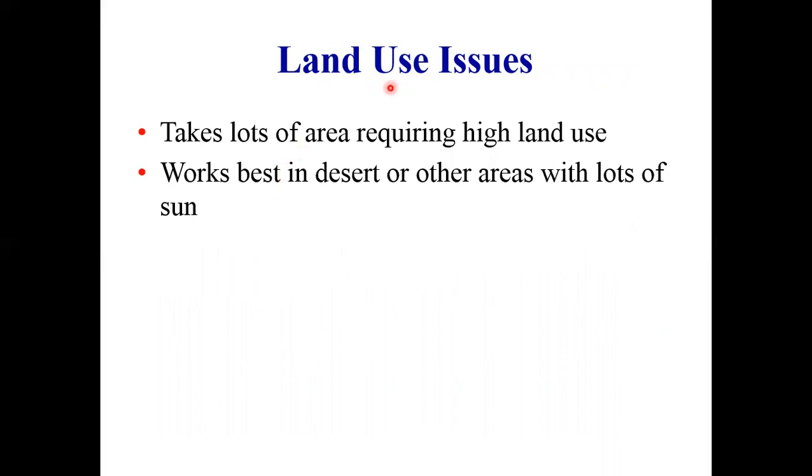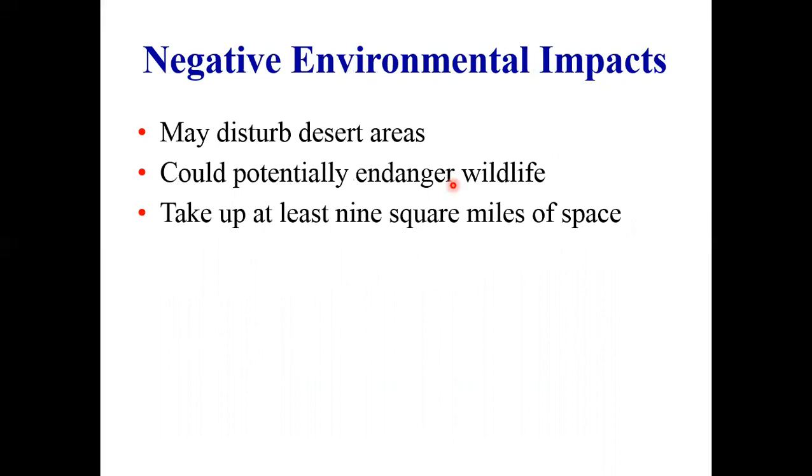And again, land issues are there. It takes a lot of area, and it works mainly in high temperature areas, like in the desert or where sunlight is available. A negative environmental impact is that it may disturb the desert area. So again, it may hamper wildlife.